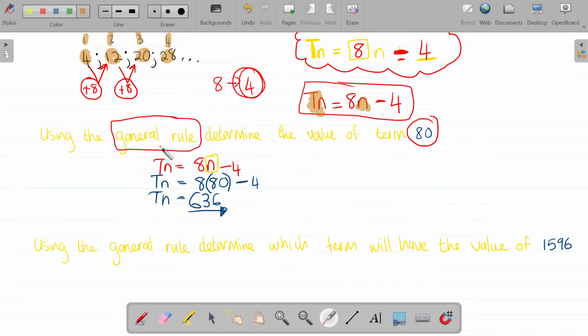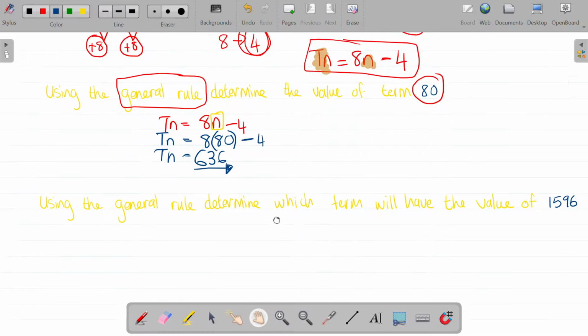So term 80, when I substitute it in for n, my Tn, my value, is going to be 636. So the value, let me just write it over here. If I had a term of 80, the value or the term number would be 636. I hope that makes sense.